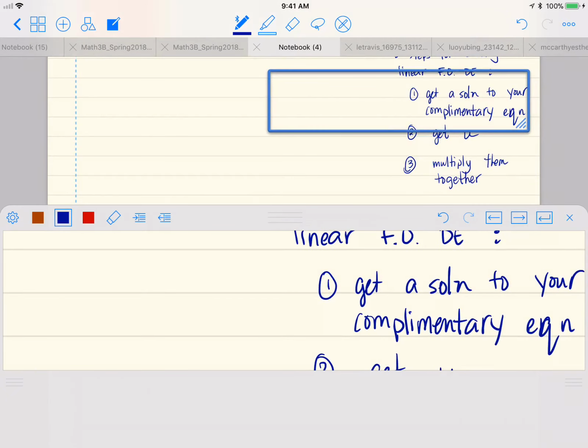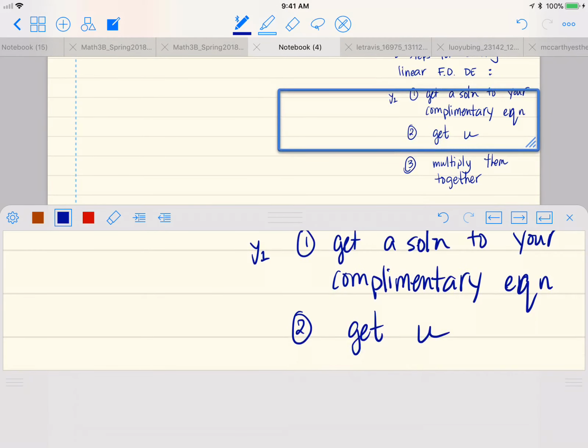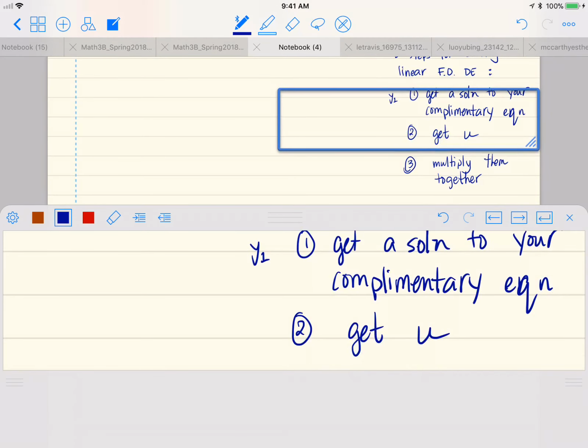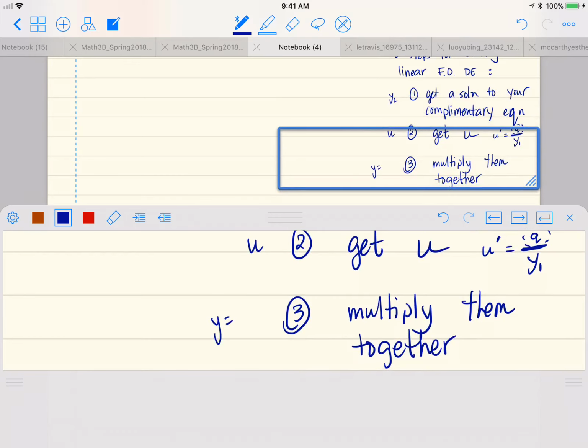I think before we were using y1 for the solution to our complementary equation, and then u is a solution. Remember, we use the equation u prime is equal to q over y1, and q is the part that's on the right-hand side of the equation, and then we multiply them together, so we say our solution is u times y1.